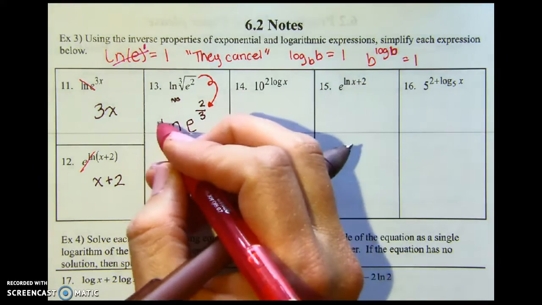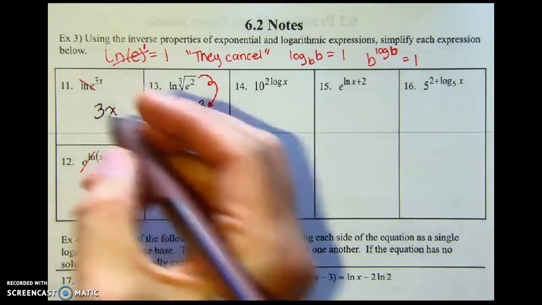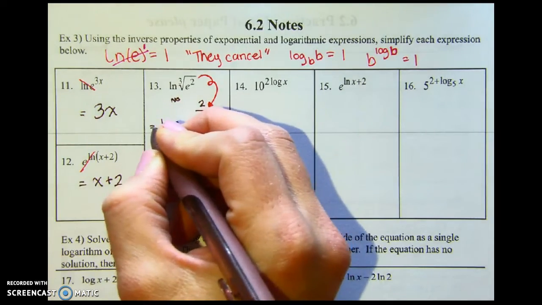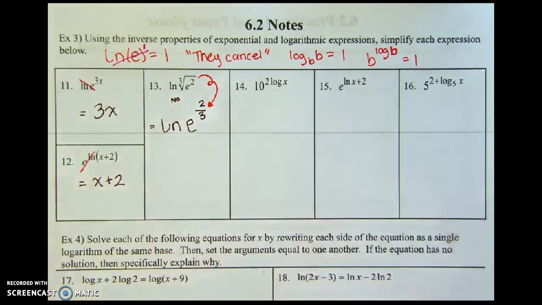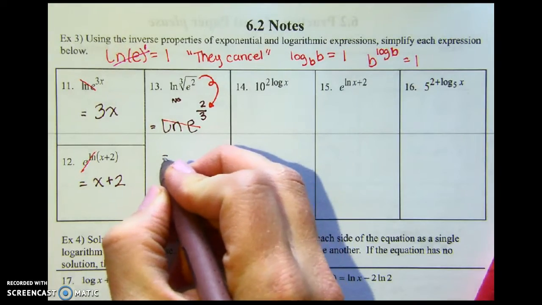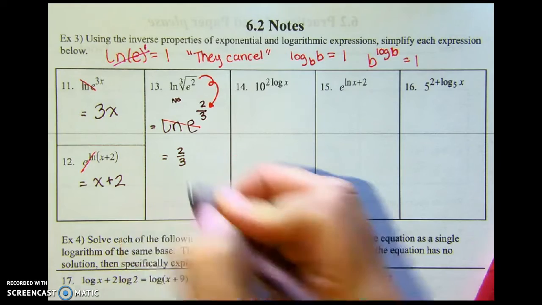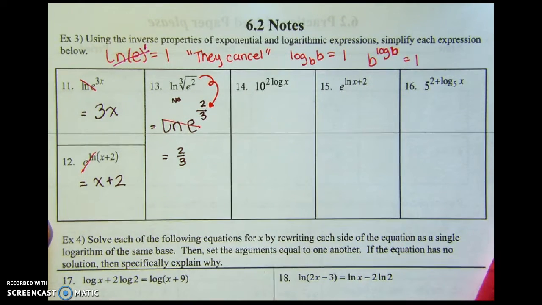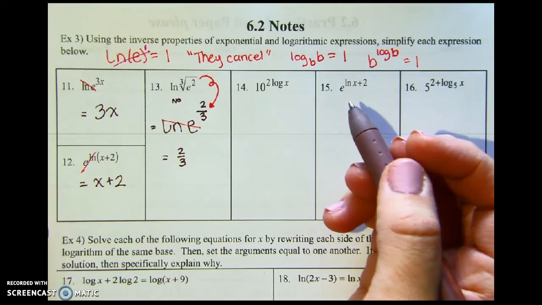I should be writing equals. Do you notice that the e and the ln are now touching? Hi-ya karate chop, and we're just left with 2/3. Isn't that great? There's another way to do that, but that's fine for now.